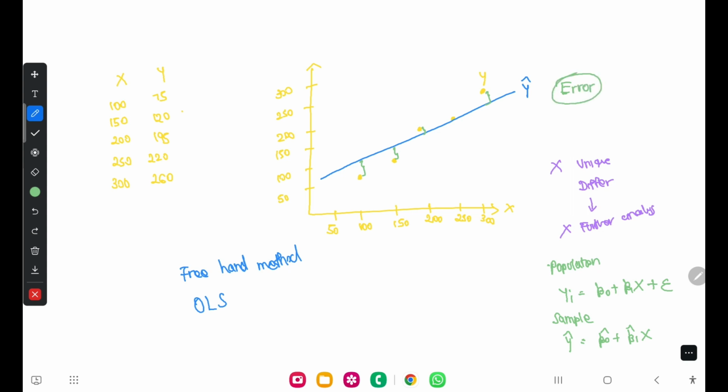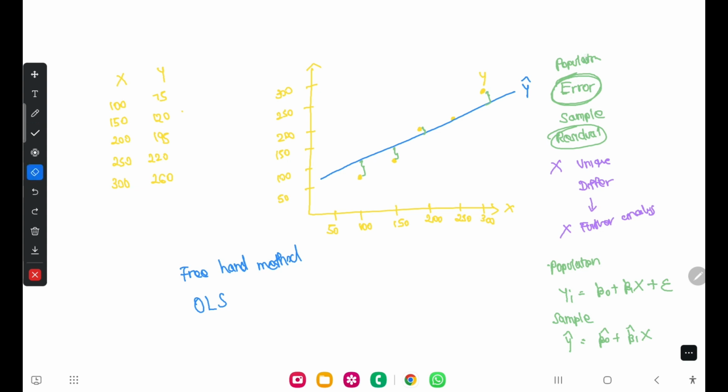Another thing to remember: we use the word error for the population, but for sample data we say residual. So here we are going to find the residual and not the error. It's the same thing, but the terms are different.